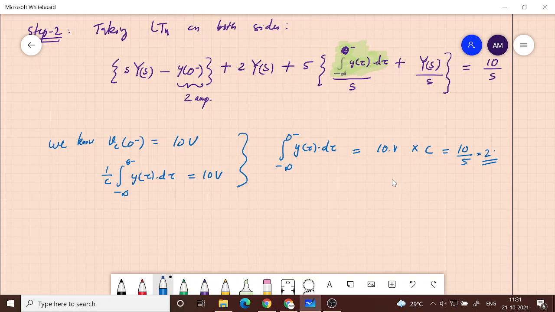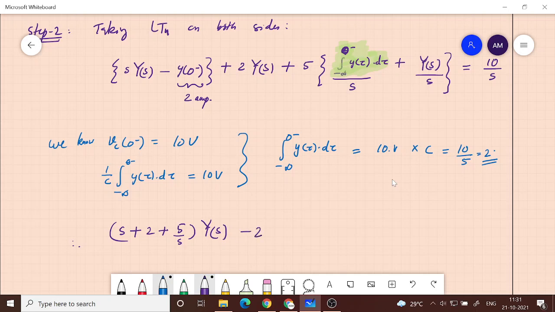So only now we need to rearrange the terms. Therefore, S, here 2 is there, then here 5 by S is there, into y of S. Then what else?